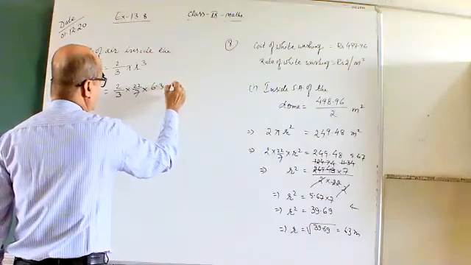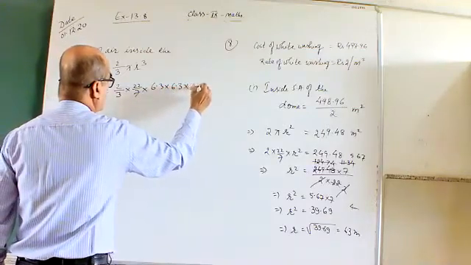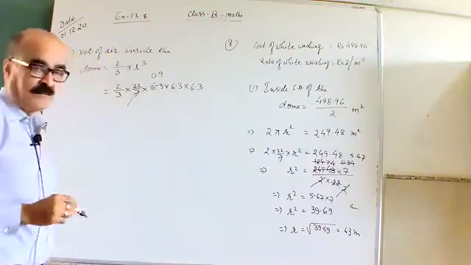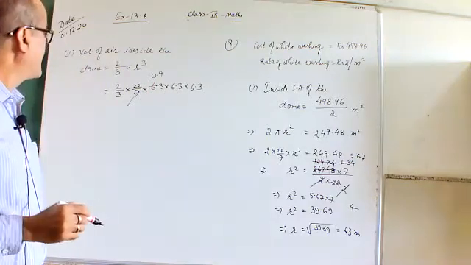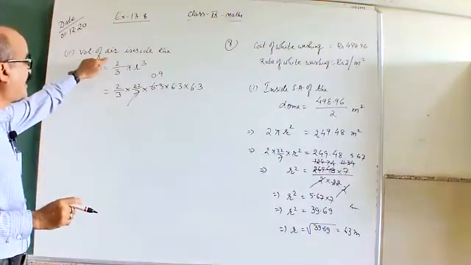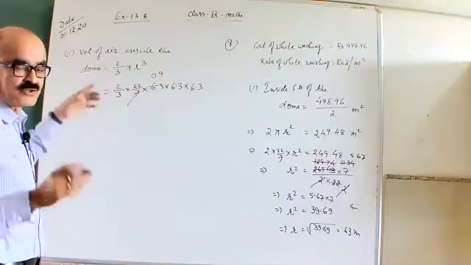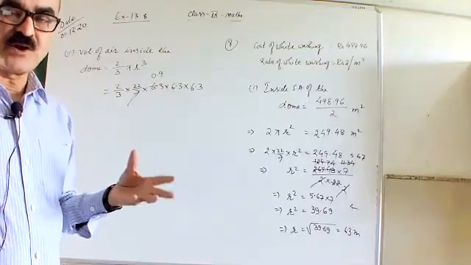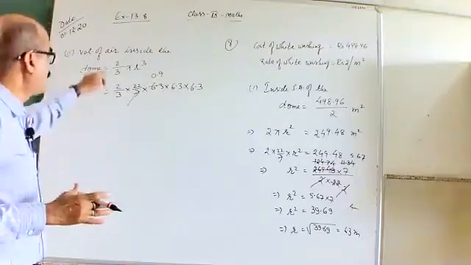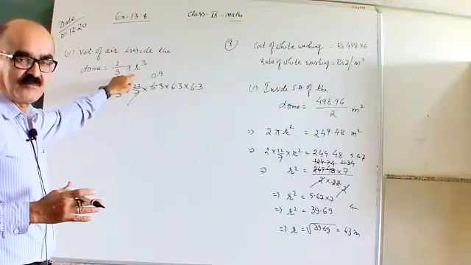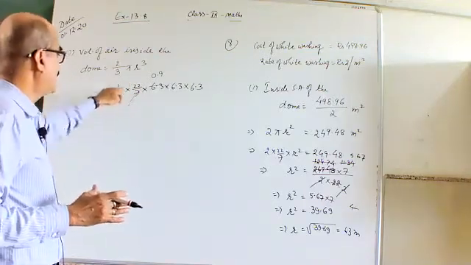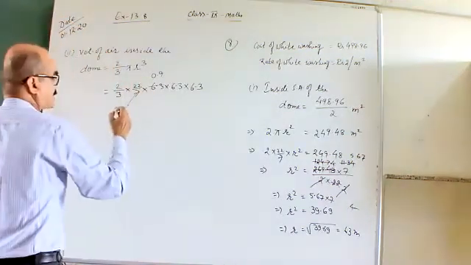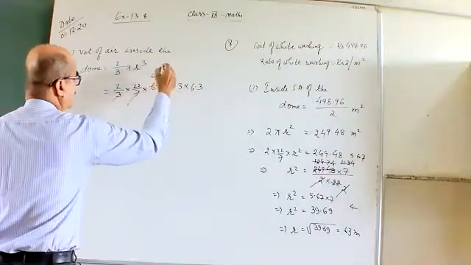So 6.3 into 6.3 into 6.3. So 7 9s. Sir, where did this 2 by 3 come from? Volume of air inside the dome, you have to find how much air is inside that dome. So we need to find the volume. Volume of hemisphere is 2 by 3 pi r cube, right? So 2 by 3, value of pi is 22 by 7 and r is 6.3. So 7 9s are 63 and this is 3 3s are 9.